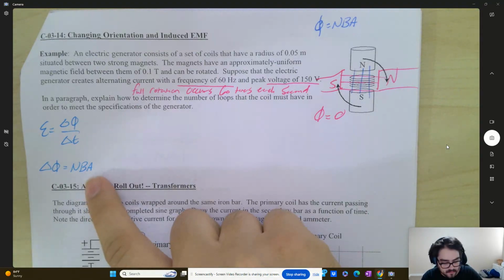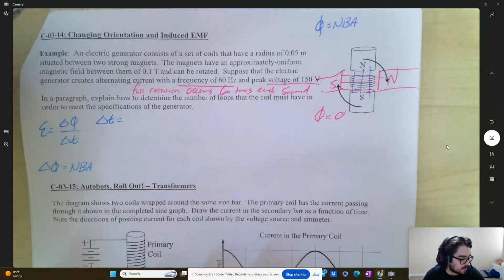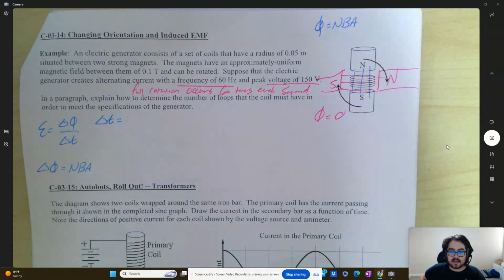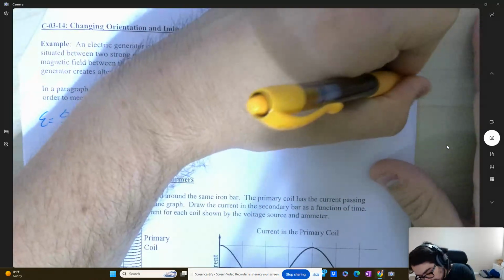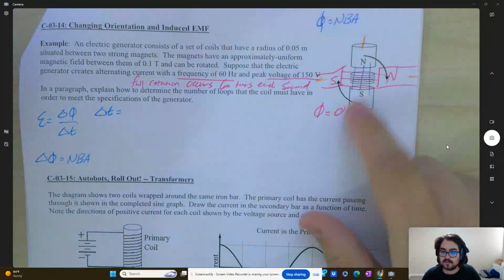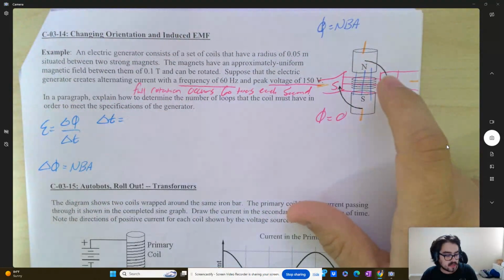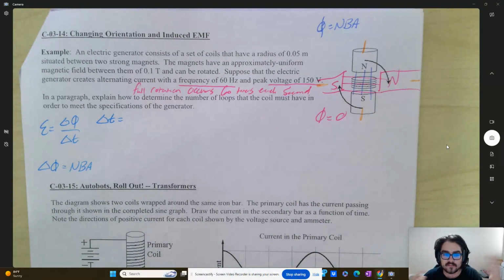Now we need to figure out our change in time. How frequently does it go from NBA to 0? Notice that it only goes from NBA to 0 every fourth of a rotation. So if we knew how long it took to do one rotation, we could divide that by 4.